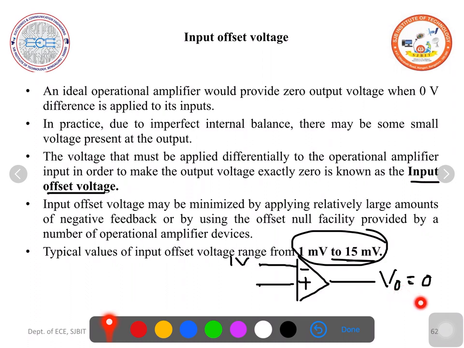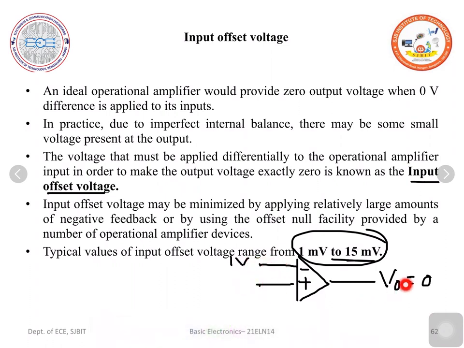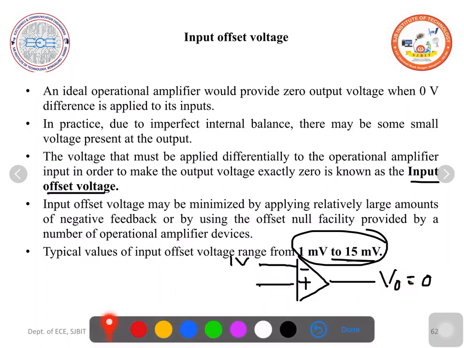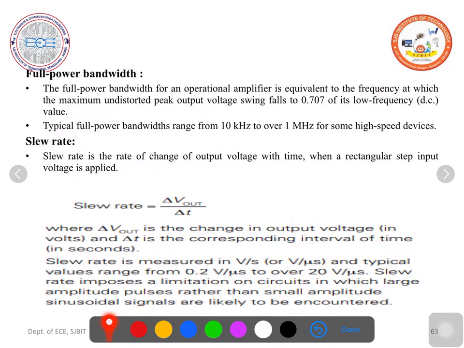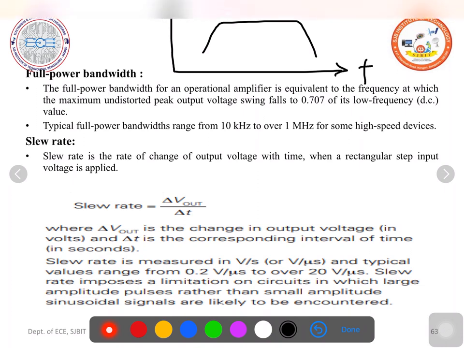The voltage that must be applied differentially to the operational amplifier input in order to make the output voltage exactly 0 is known as the input offset voltage. Usually its range is 1 millivolt to 15 millivolts.